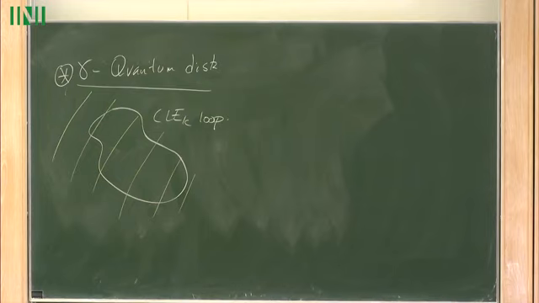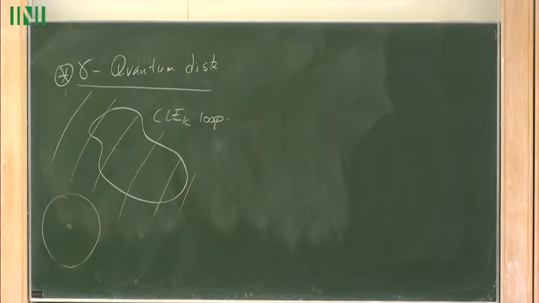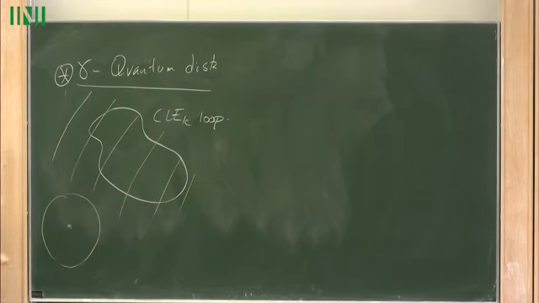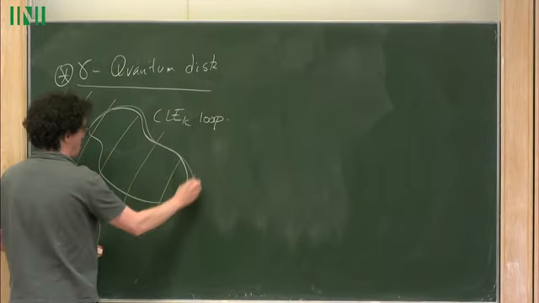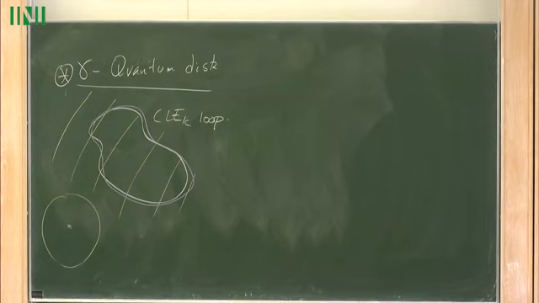Another way to do it is take a tiny CLE loop in the unit disk, do a GFF there, so then you look at the trace of this GFF in the entire disk, the trace to this tiny CLE loop. Of course, I told you things are defined up to constant, so there's the scaling invariance property that makes it possible to cut this out, and then that's your piece of quantum surface.